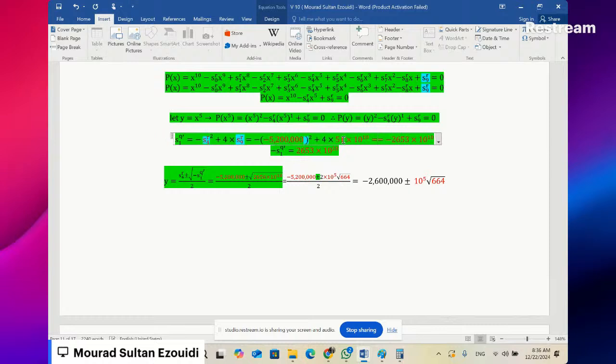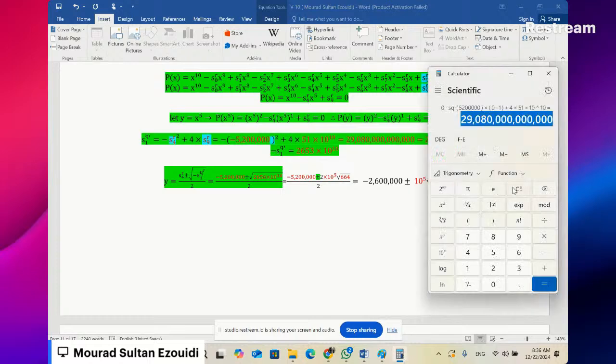If it is correct, it will be 2,908 raised to the power 4. I will do the calculation again.